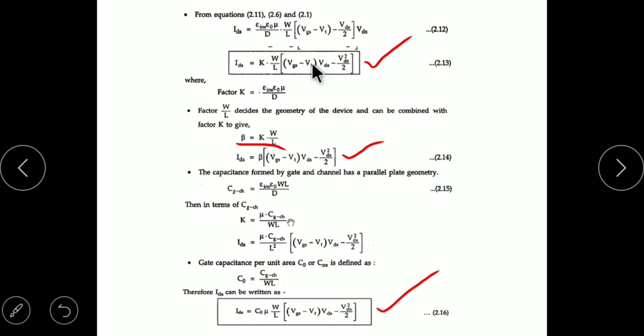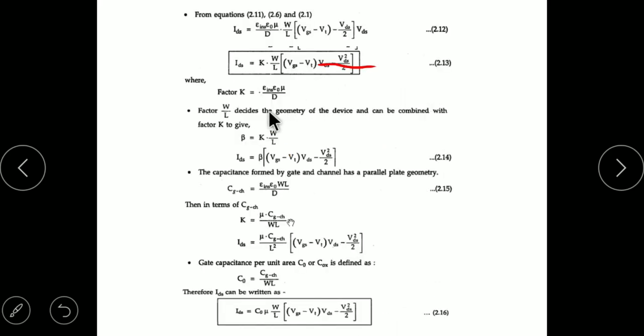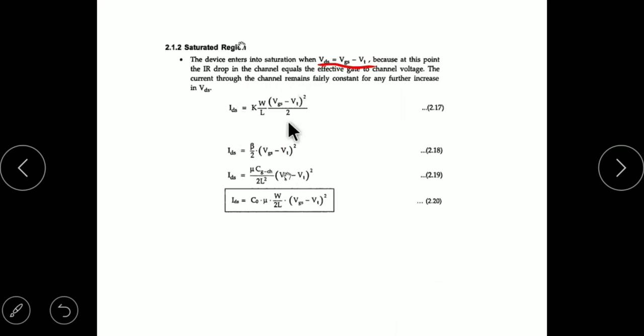So finally you will get K into W by L into VGS minus VT whole square by 2. So this is the current equation in the saturation region.